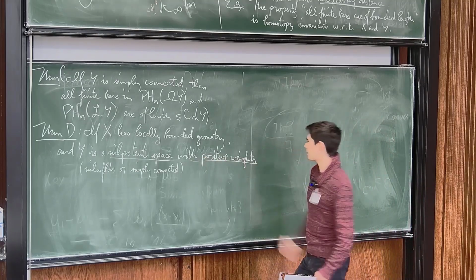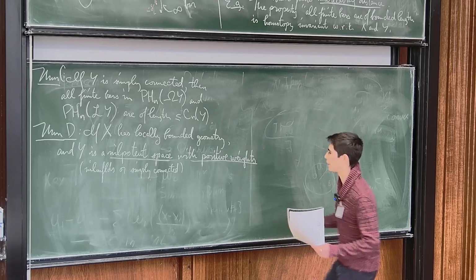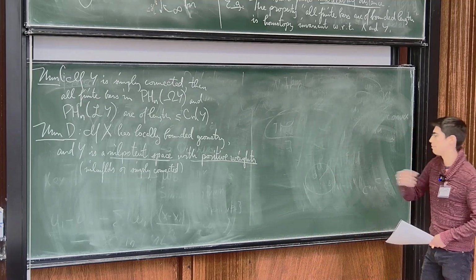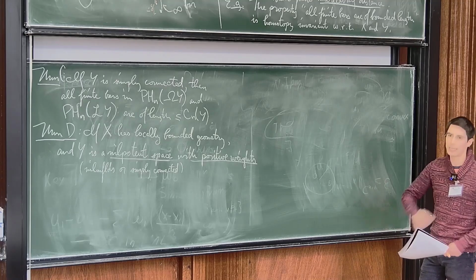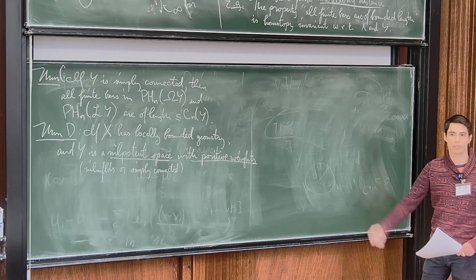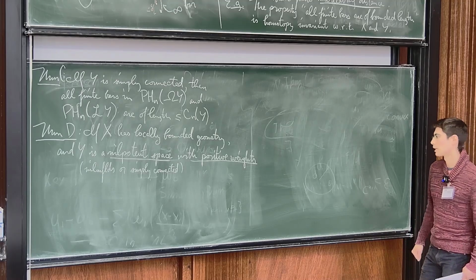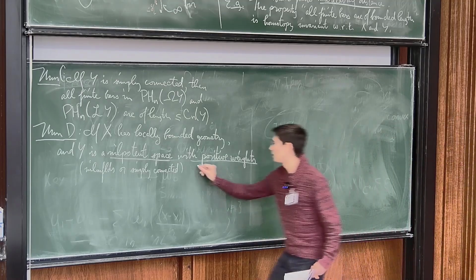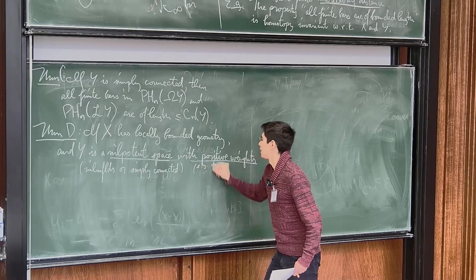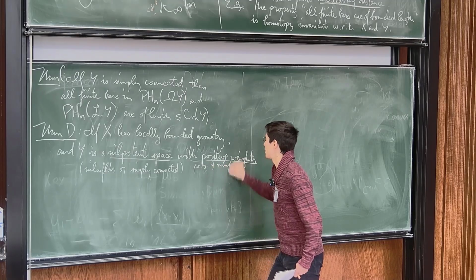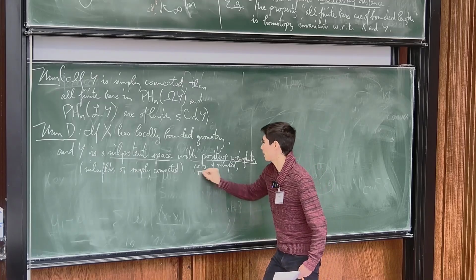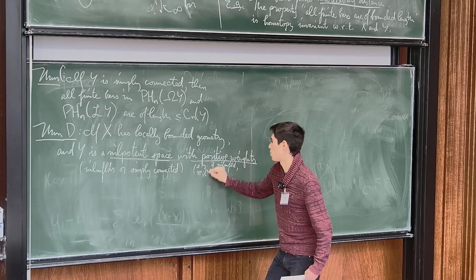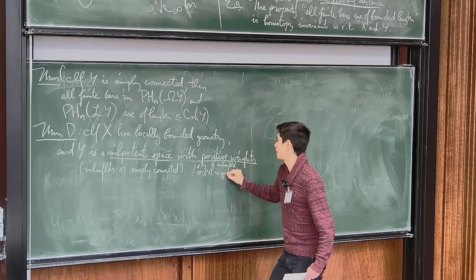And with positive weights is this kind of weird technical condition that basically says that the space has lots of self-maps of different degrees. So, for example, if you're looking at a nil manifold, then this is saying that pi_1 of Y is graded.